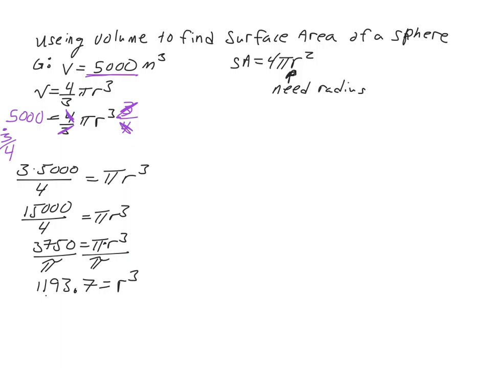Now, that's not an easily found number, okay? But what you can do is, there's a button on your calculator that has this little x and then the radical symbol. And so what you can do is, if I have this number, I can put in a 3.